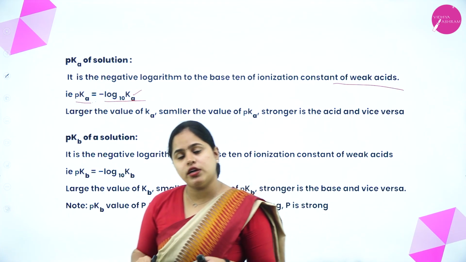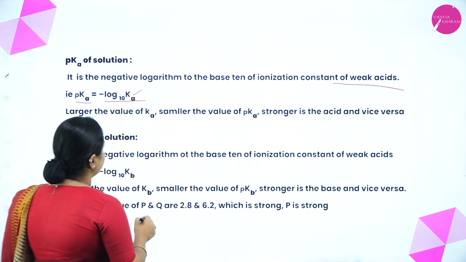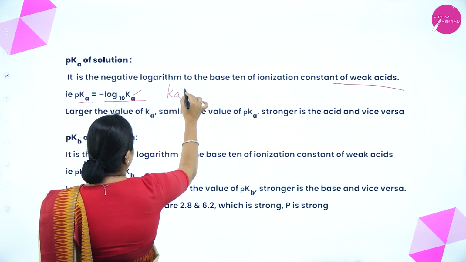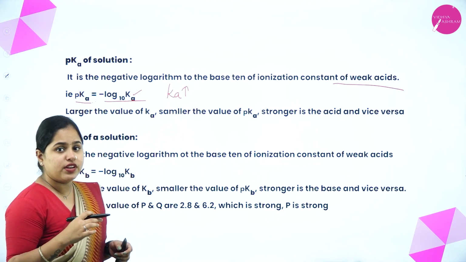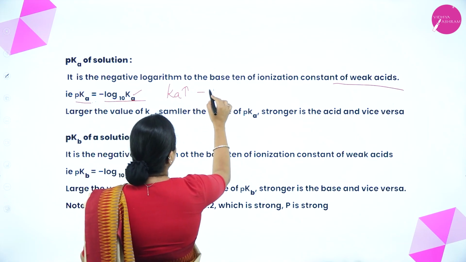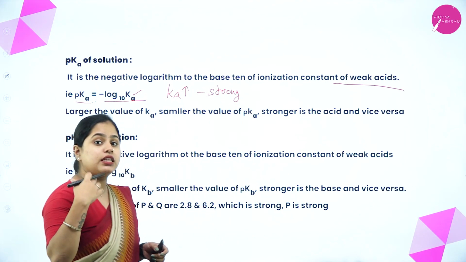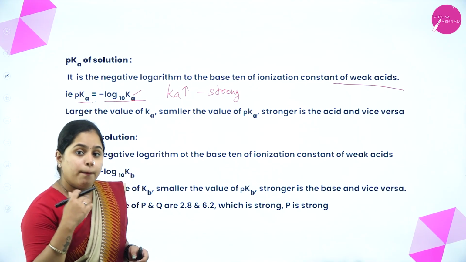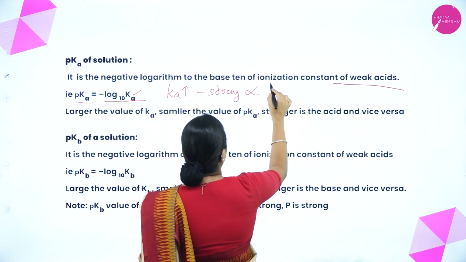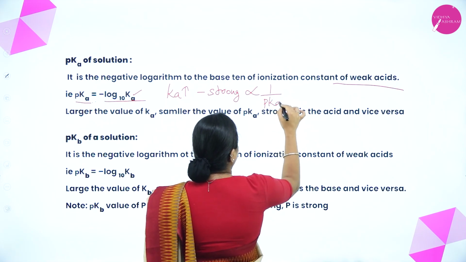So what is the important thing you have to remember? We have already studied that when Ka value is more, we can say that the acid is strong, or else we can say that the strength of the acid is more, but it is inversely proportional to the value of pKa.